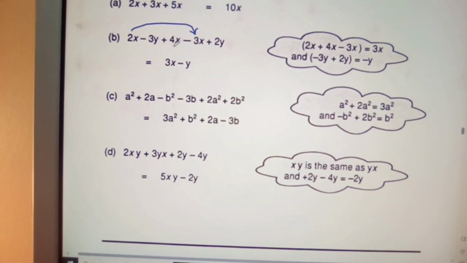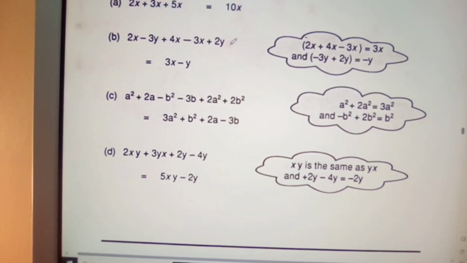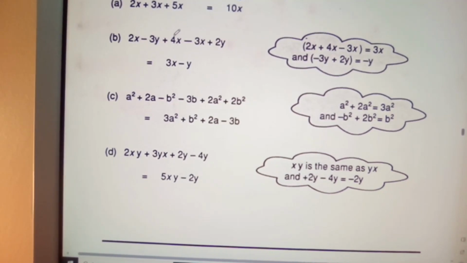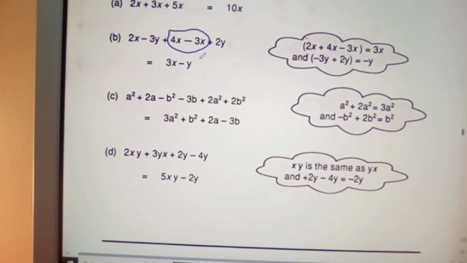Oh no, sorry. Let me get back to my drawing. One second here, recollect my pen. I'm looking at it from this point here, 4x minus 3x leaves me 1x.